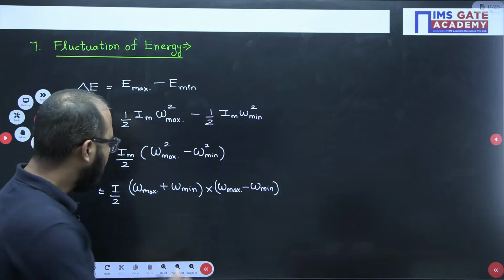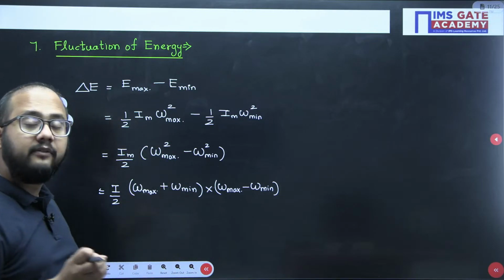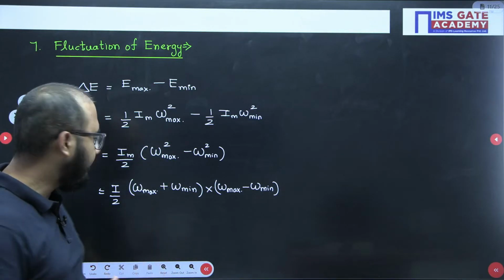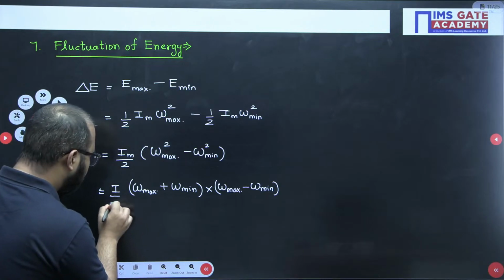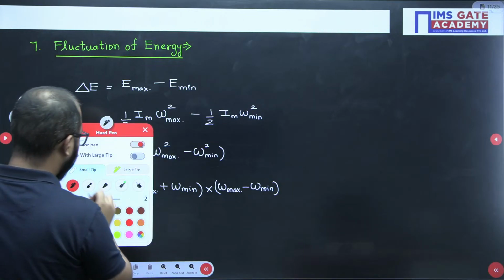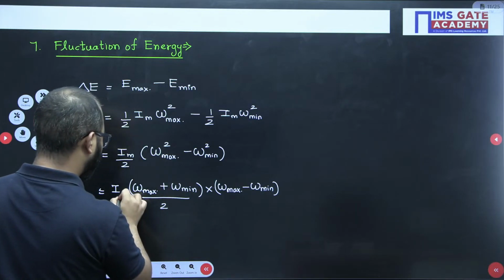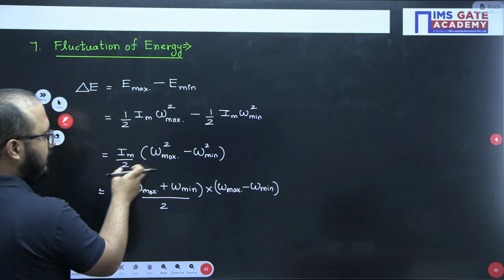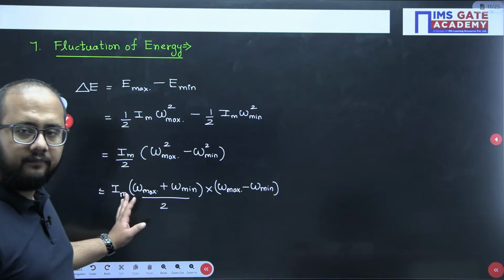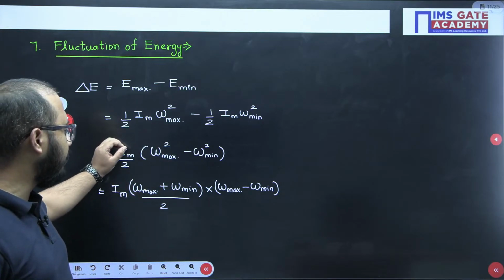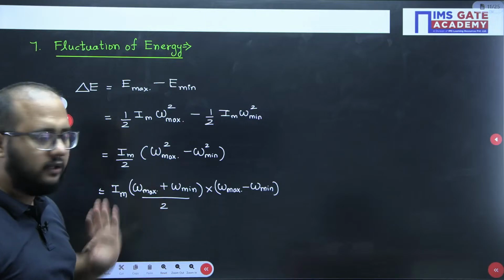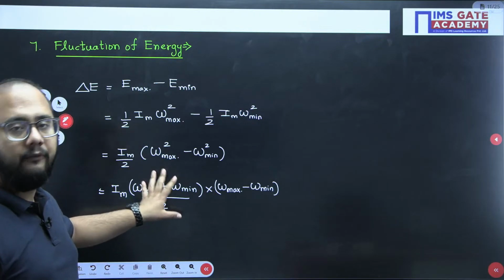Very easy part. So I will remove this 2 from here and put it here. The denominator 2 I have shifted here, which was initially mass moment of inertia divided by 2. So this becomes omega average.